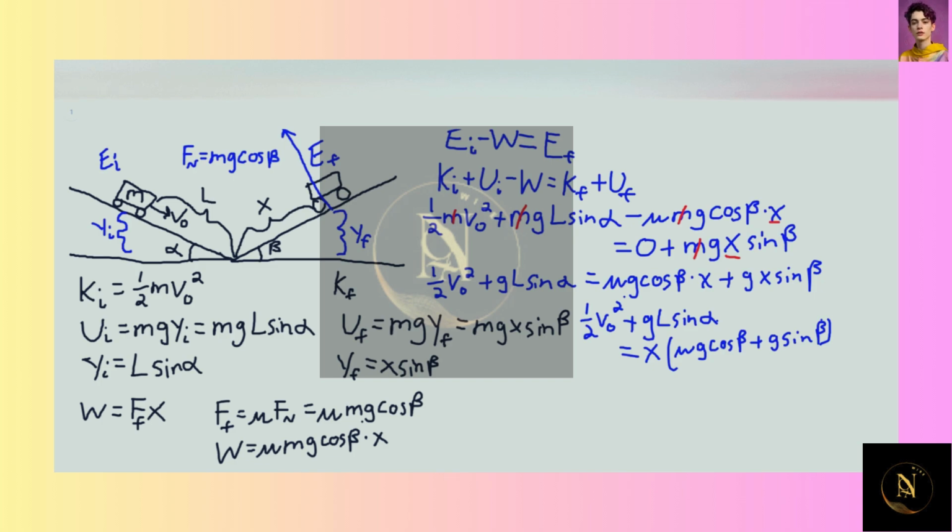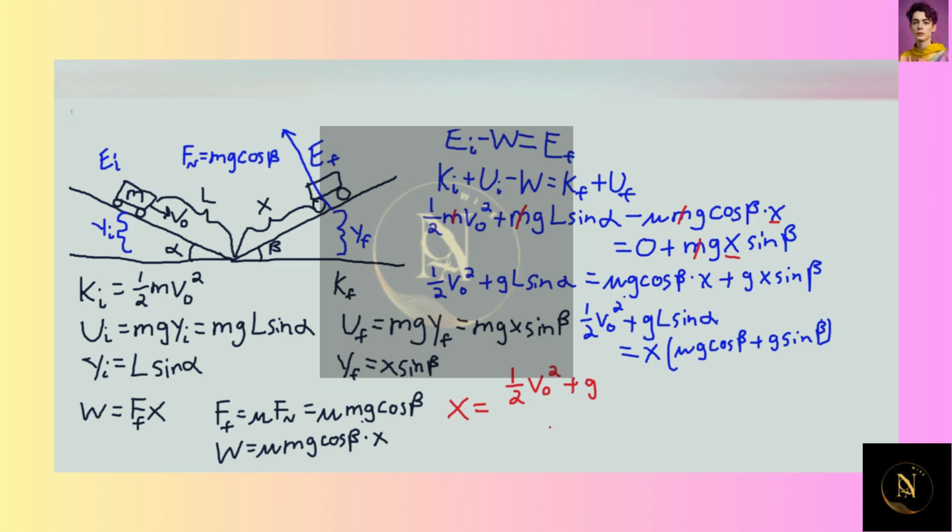So our final answer, once we divide out by that factor, is x equals 1/2 v naught squared plus g times L. Oh, excuse me. Sorry about that. The tablet's acting up again. All right, where was I?